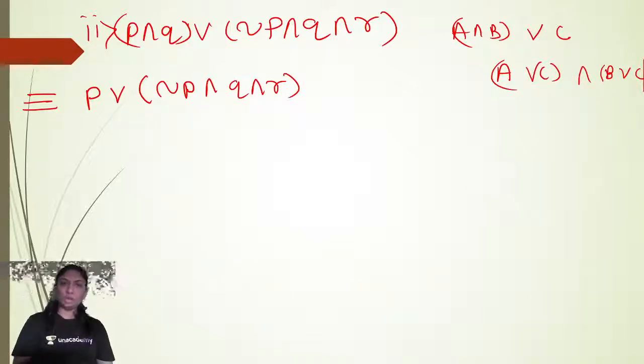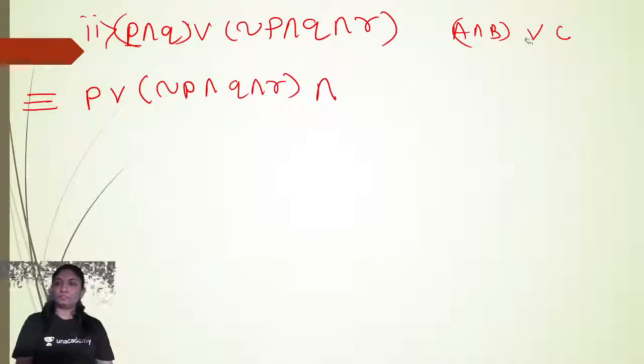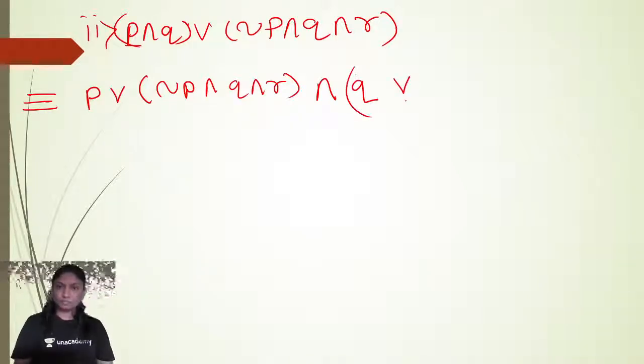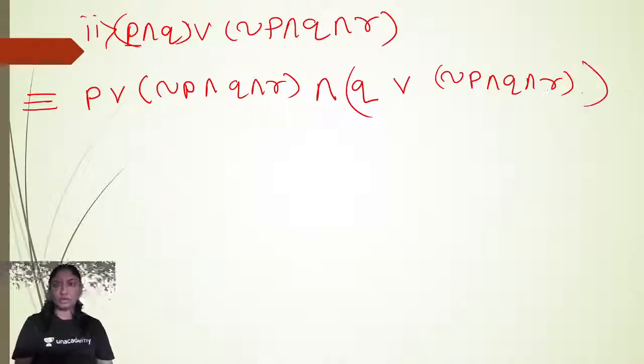P or negation of P and Q and R, and Q or negation of P and Q and R. Are you getting it here? P or negation of P and Q and R, and Q or negation of P and Q and R.